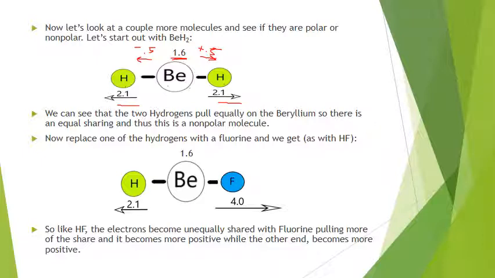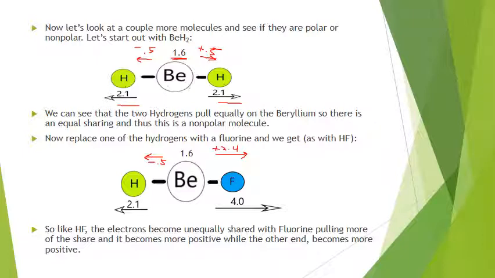Okay, now let's substitute beryllium with the fluorine. Again, if we look at the individual bonds, this is negative 0.5, and we'll say it's going this direction to the left, and going this way is 2.4, 4 minus 1.6, plus 4. So both of these are polar bonds.